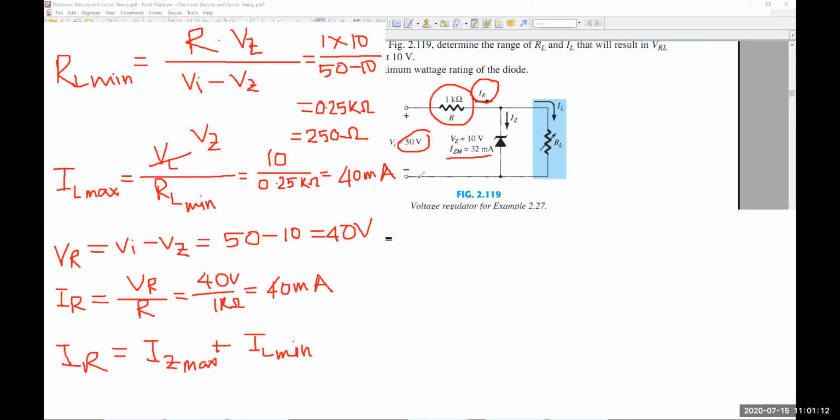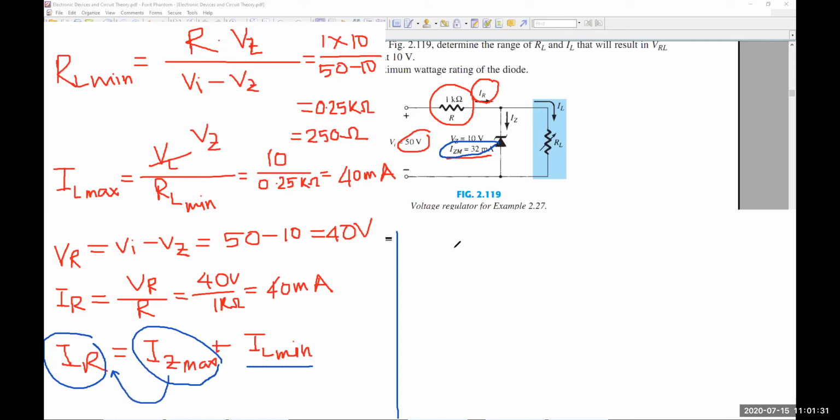So from here, which ones do we know? We know IR. We know IZM or IZ maximum, which is given in the question. We have to find out the IL minimum. So how to find that? Keep it here, take that on the other side by subtracting. So IL minimum is equal to IR minus IZ maximum, that means IZM.